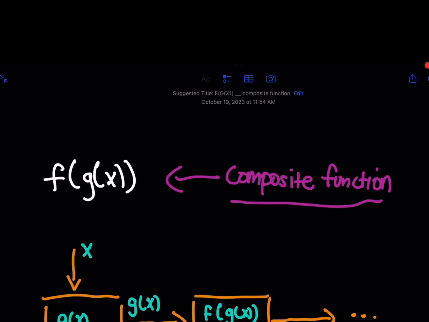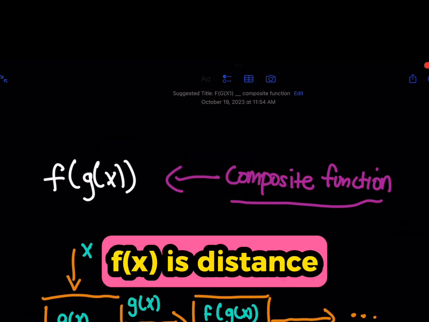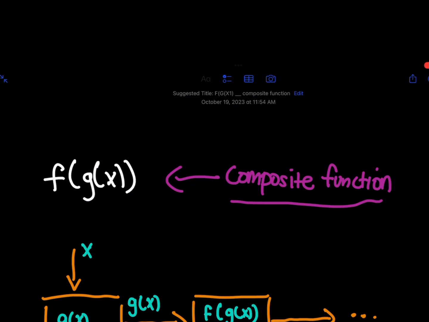Okay, so that's a composite function, but why on earth do we care about them? That's a fair question to ask. I'll give you a real-world usage of this. Say, for example, you had a function for driving a car that tells you the stopping distance, how far your car travels, as a function of how fast you've been driving. Let's call that f of x. And then let's also talk about how your engine generates heat.